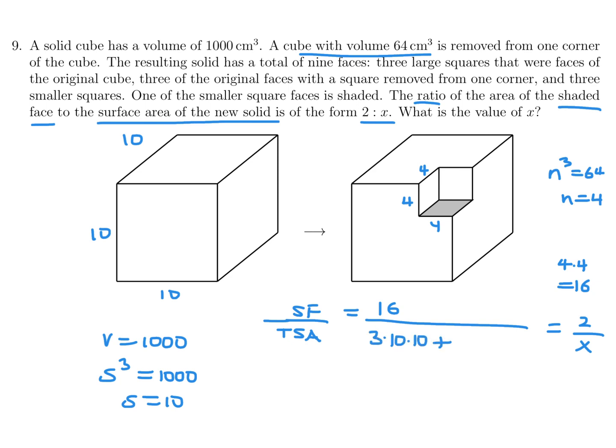Then we have the ones with a segment cut out, and that is going to be 10 by 10 subtracting from it a 4 by 4. And then we have the inner ones, and those are just 4 by 4, and we have 3 of them. And I think that's it.